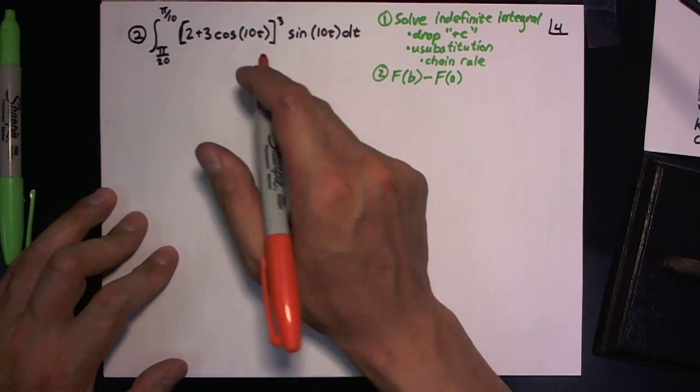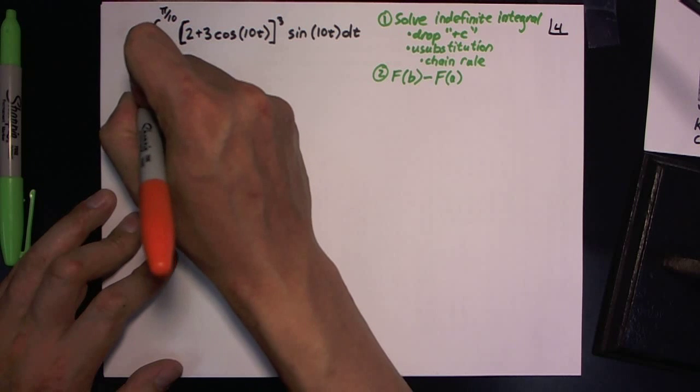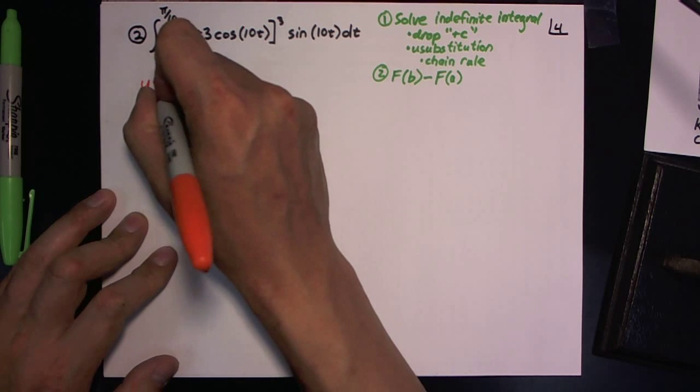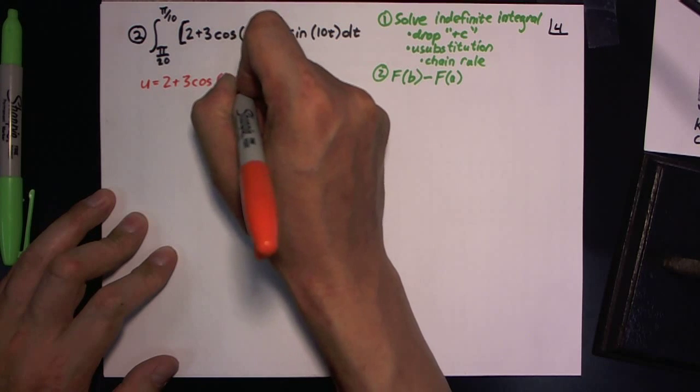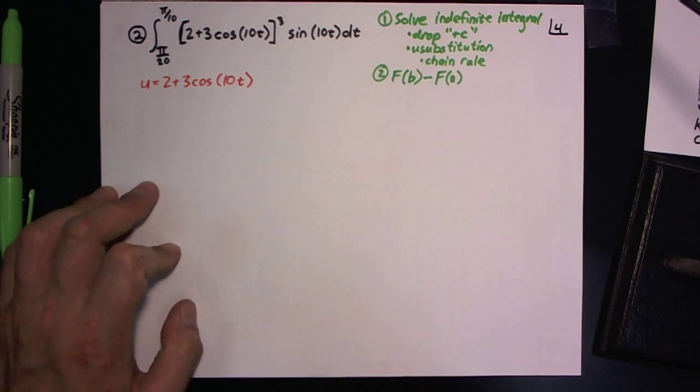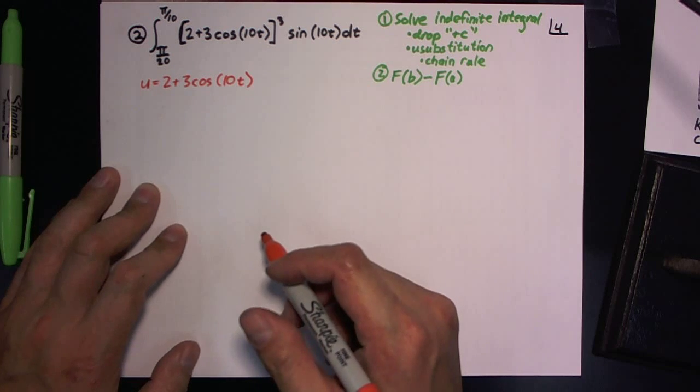Innermost function becomes u. Take the derivative of both sides.